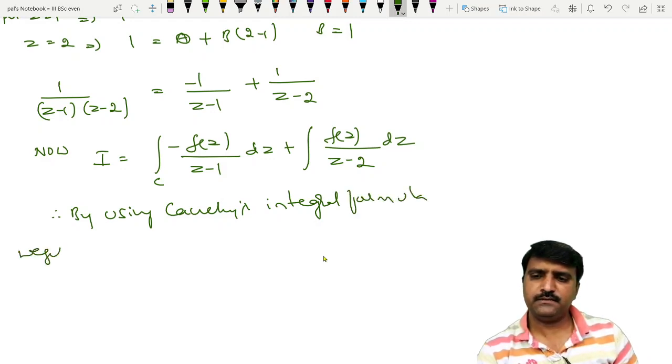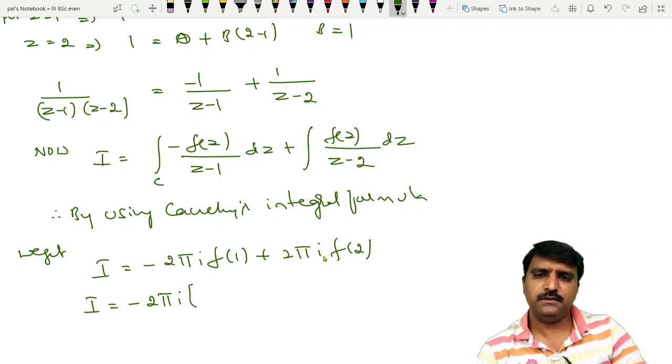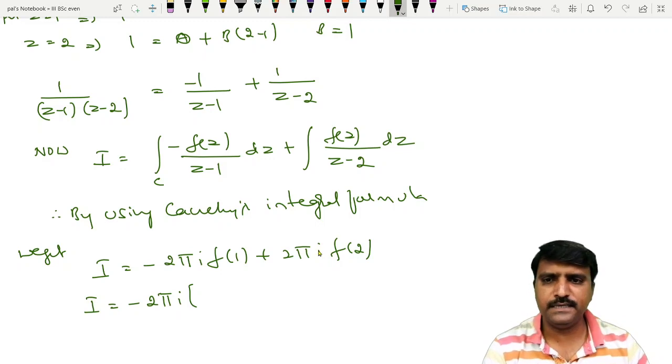we get I is equal to minus 2 pi i into f of 1, because in the first case the value of a is 1, plus 2 pi i into f of 2. So I is equal to minus 2 pi i into f of 1. What is f of z here?